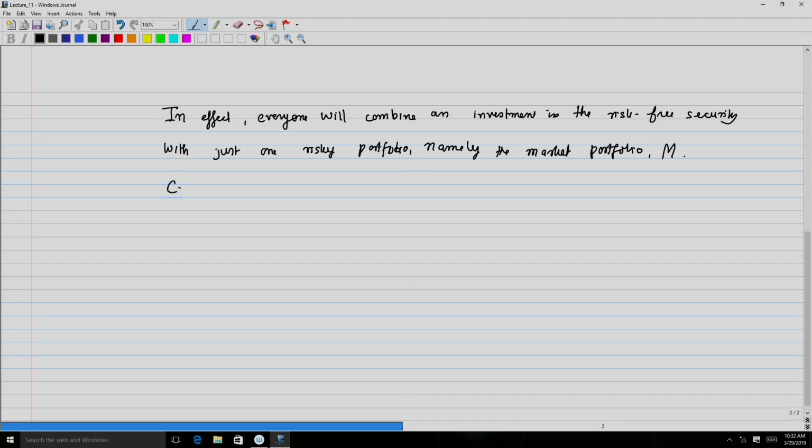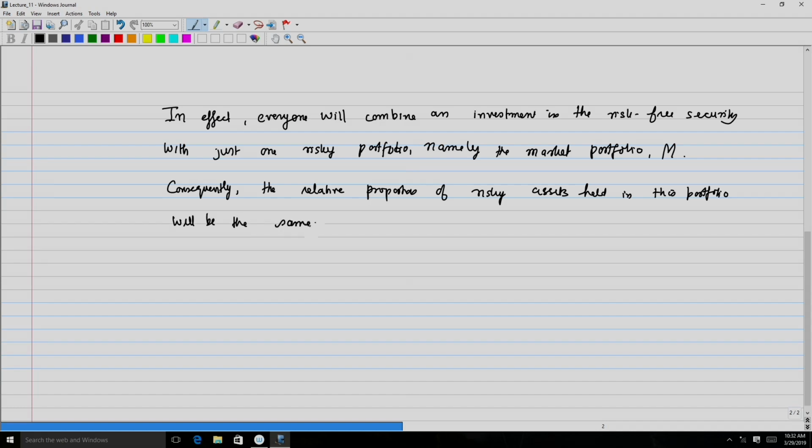So, then consequently the relative proportions of risky assets held in this portfolio will be the same for all investors.